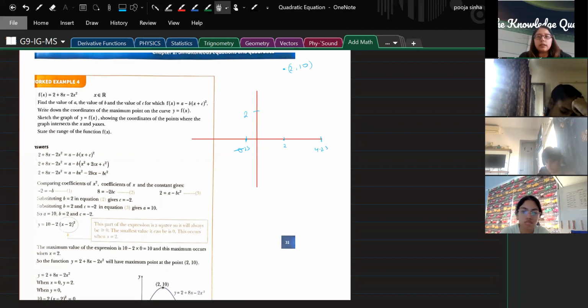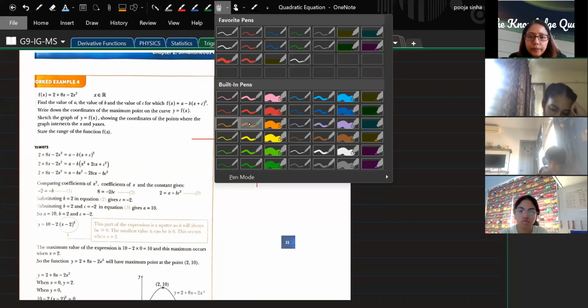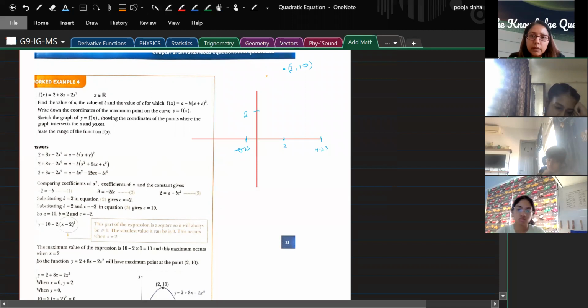Now we will join these, whatever we got. When we draw, it is only a rough sketch, but the shape should come out properly. So like this.